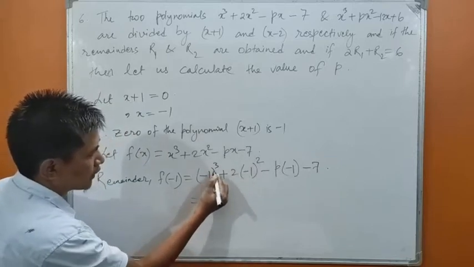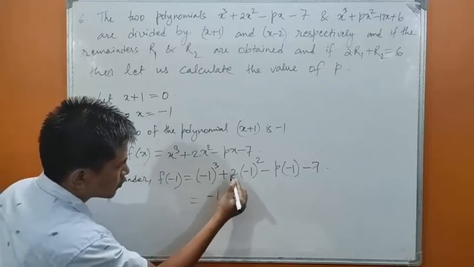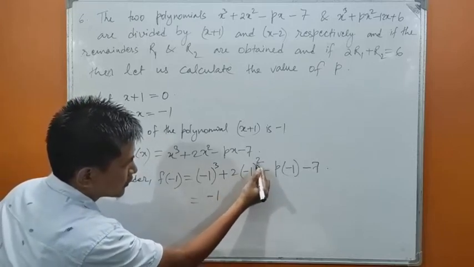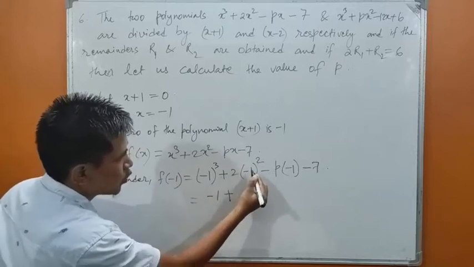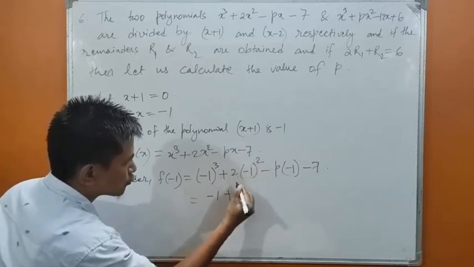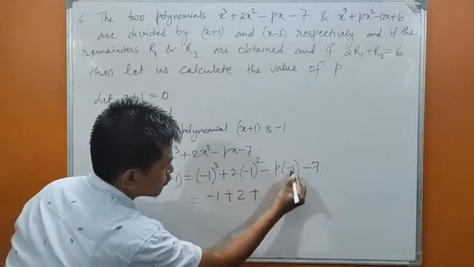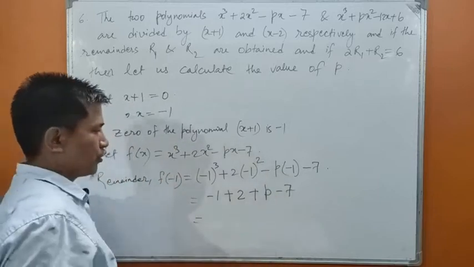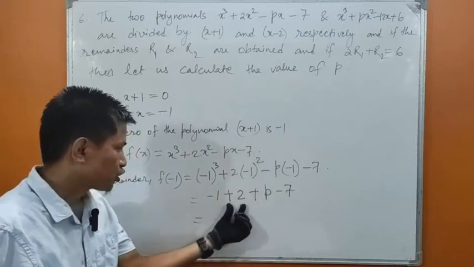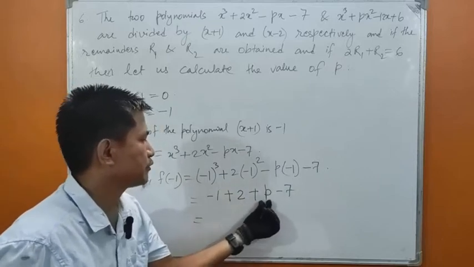So 1 cube is 1, and since the power is odd we put a minus sign here. Since the power is even, this sign changes to plus, so plus into plus becomes plus. 1 squared is 1, 1 into 2 is 2. Minus into minus is plus, p into 1 is p, minus 7. We calculate the numbers separately and keep p separately.